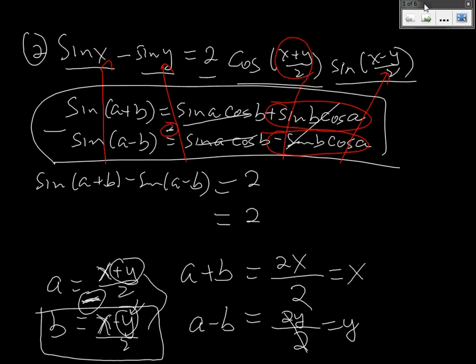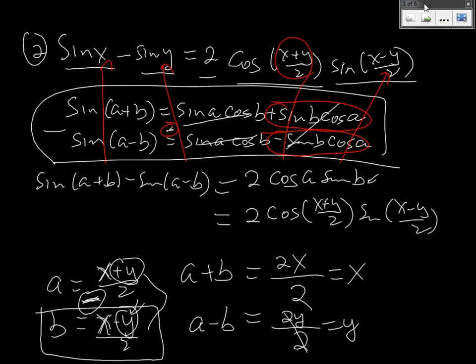This is going to equal cosine A times sine B. Or will it? We will find out. Cosine of A is x plus y over 2, and sine of B is x minus y over 2, and the left side is going to be the sine of some angle minus the sine of another angle.